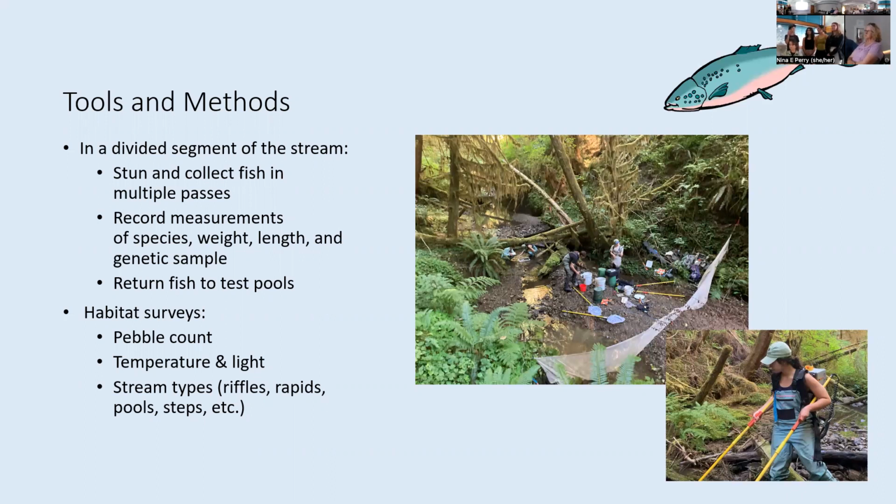Then we divide up the stream that we are monitoring into different segments by classification, like what kind of stream it is. A riffle is a pretty shallow gradient with medium movement of water, and rapids are bigger boulders, faster water. Pools are just standing water, and then steps drop down like a step.